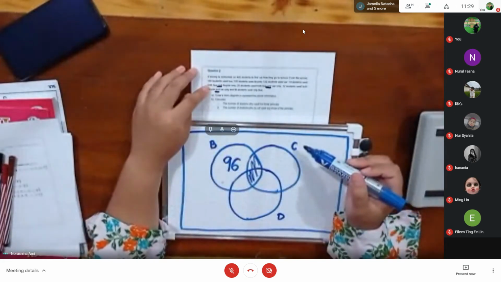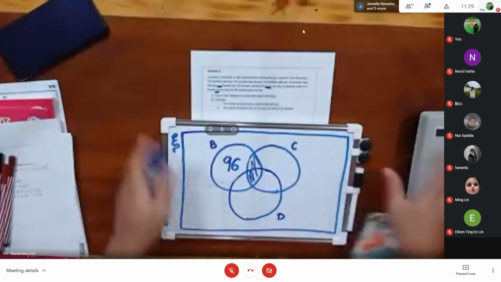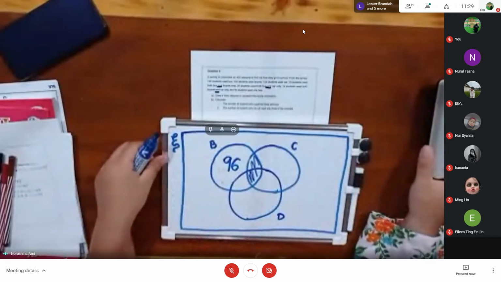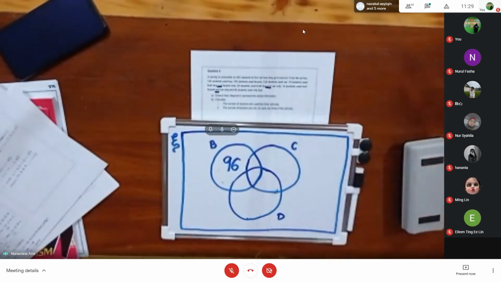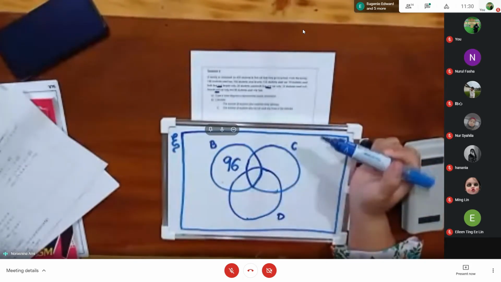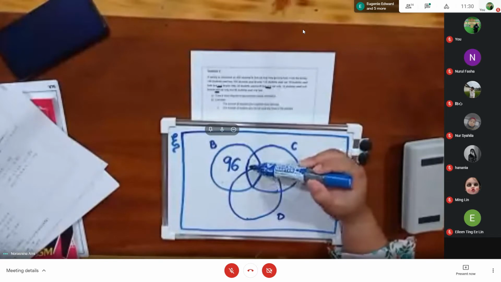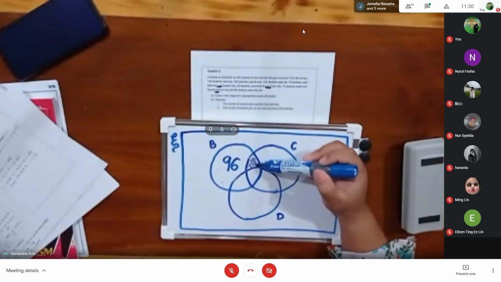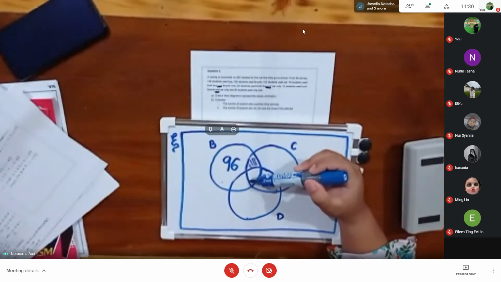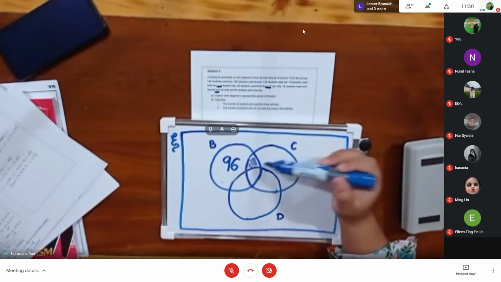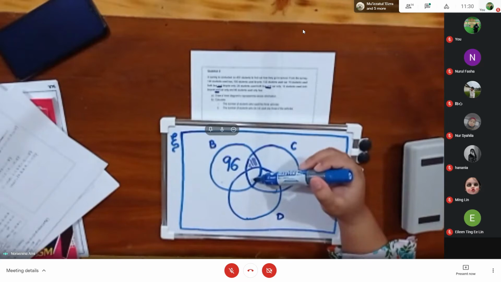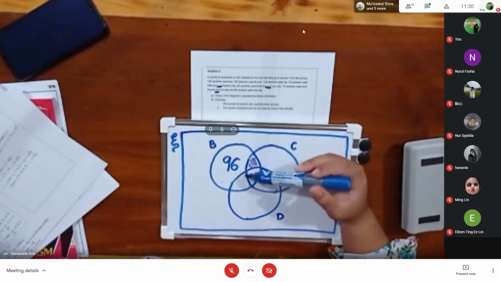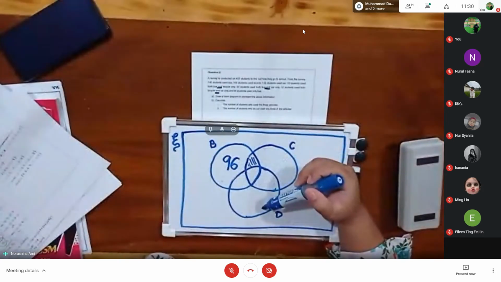But we cannot say that this part is 16 because it's involving the... Oh, no, that's correct. I confused a little bit. Because it said bus and bicycle only, it represents this shaded part. It does not include the middle part, because the middle part represents the person who uses bus, bicycle and car.